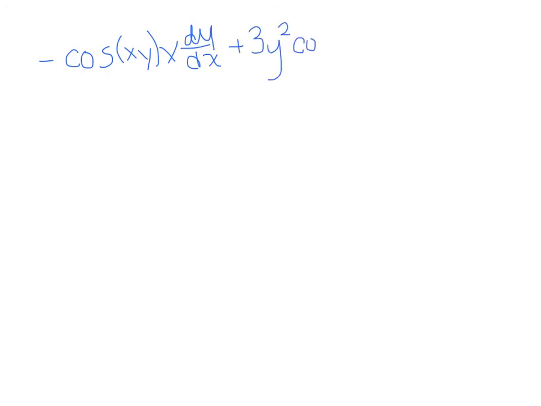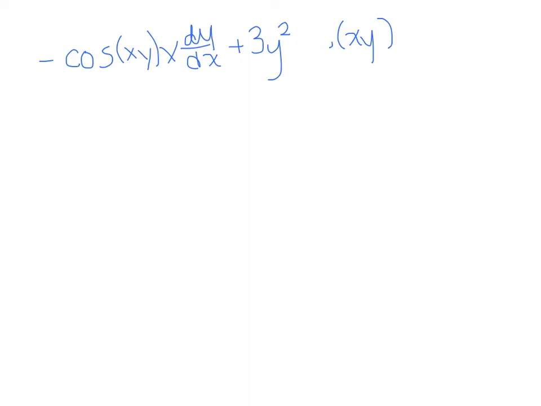So we had a negative cosine of xy times x dy/dx, and then I think it was plus 3y squared cosine of xy. No, not true. Let's see.